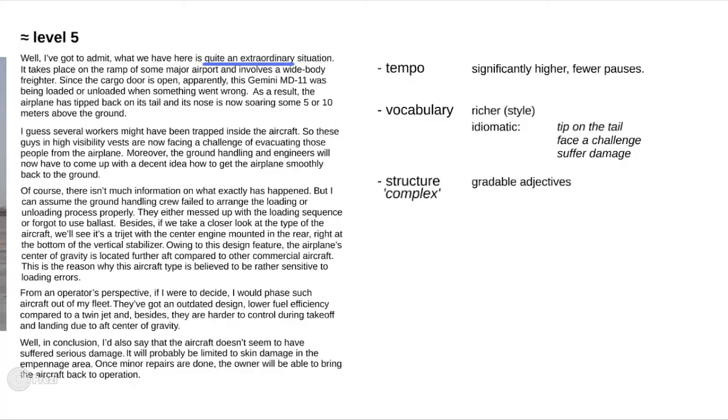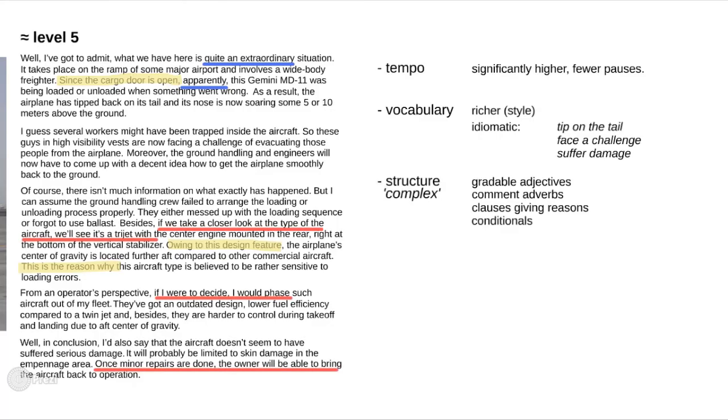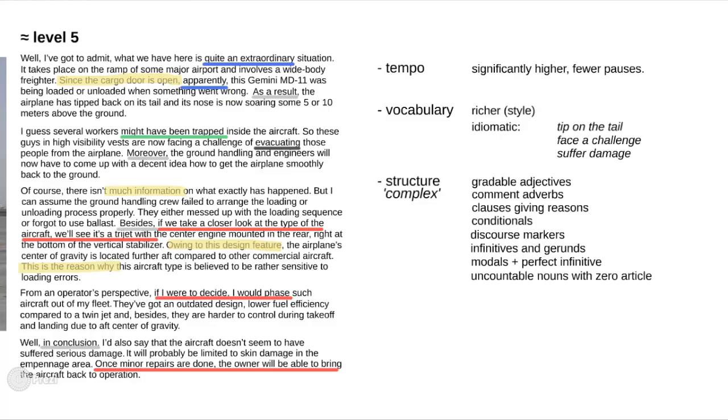Particularly, we have gradable adjectives, common adverbs, clauses given reasons, conditionals, a bit more sophisticated discourse markers, infinitives and gerunds, like here for instance, modals, including those with perfect infinitive, uncountable nouns with zero article, more complex passive structures.